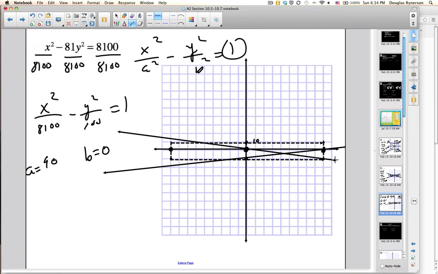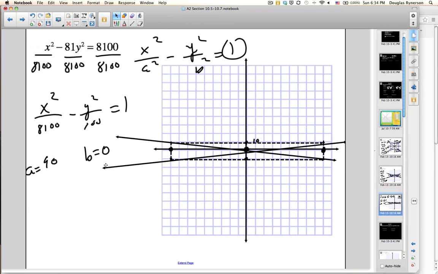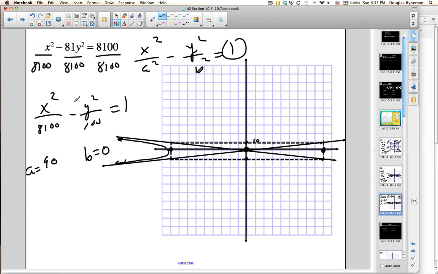There we go. And I know that my hyperbola comes in along one asymptote, passes through the vertex, goes out along the other asymptote. Again, I knew this was the vertex because it's the denominator of the first fraction.